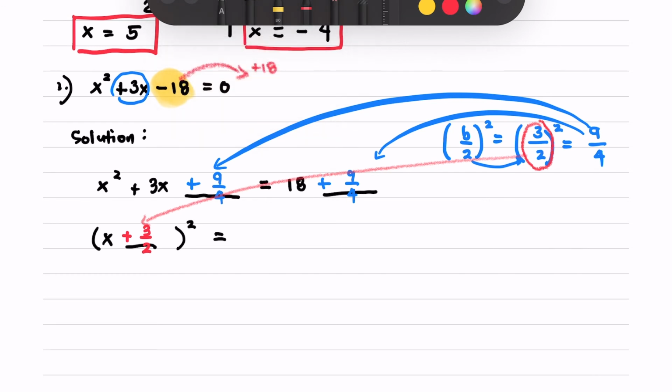And then, sa right side natin is i-work out natin yung fraction at saka yung whole number. So, i-add natin sila. Mag-a-add tayo kasi nga like sign sila. So, since fraction yung isa at whole number yung isa, syempre, ang susundin natin na denominator will be yung denominator ng fraction natin, which is 4.